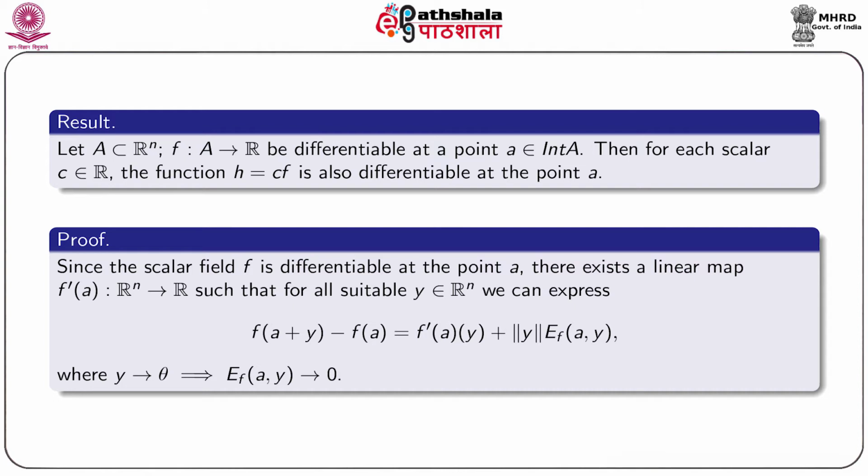Let me recall that whenever we say for all suitable y in R^n, that means y should be such that f(a+y) is defined, that is a+y should be a member of the set A.